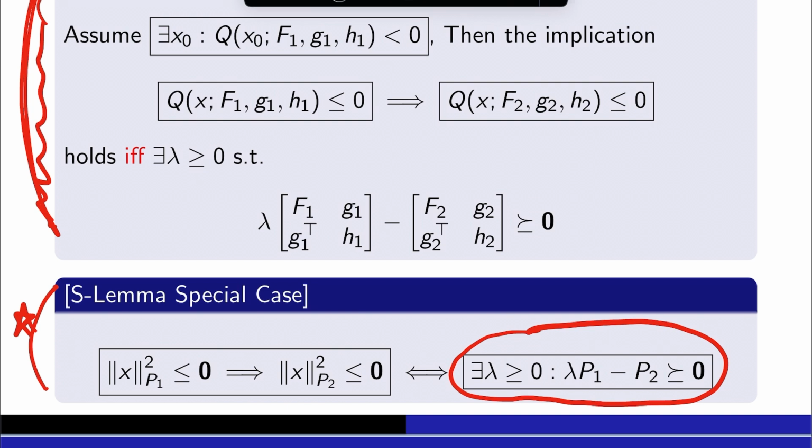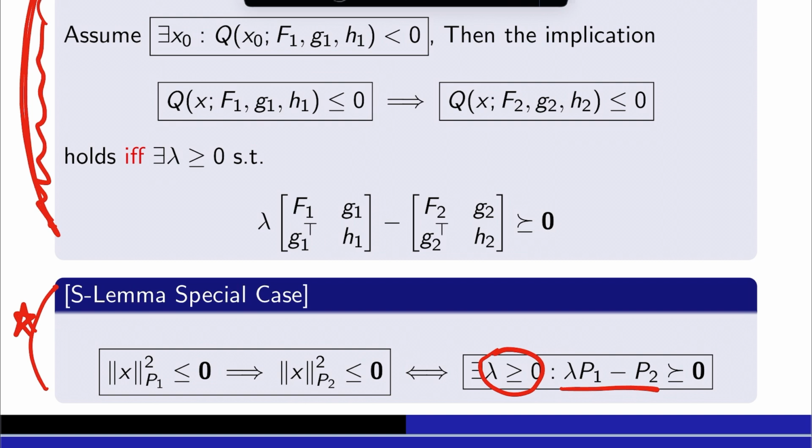And here's the really important part. This is if and only if. So this is not conservative, right? This is not just sufficient. So it's not conservative. This is the best case scenario, having an if and only if condition, and there exists a non-negative lambda such that this is satisfied.